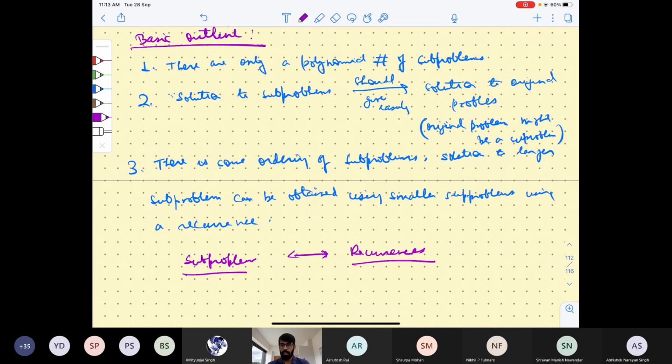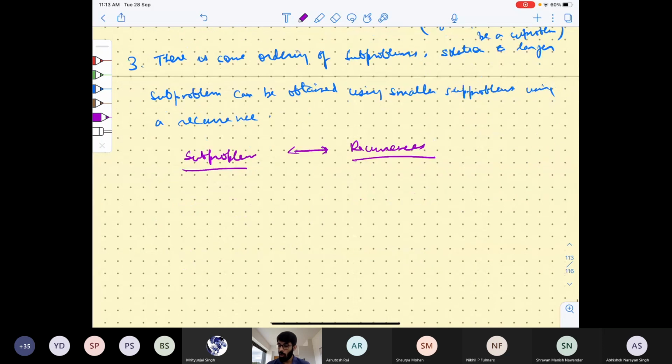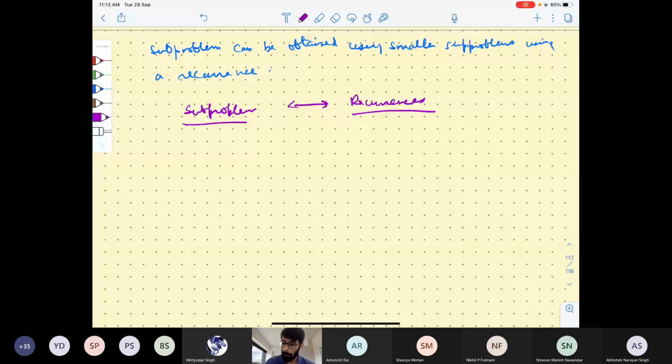Okay. So this is the basic framework, and now let's look at another problem that we'll be solving using this framework of dynamic programming. It's called segmented least squares.